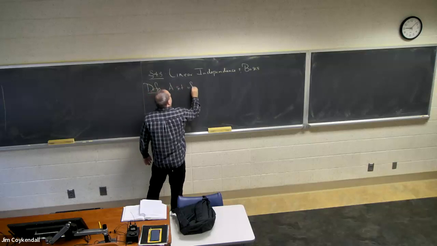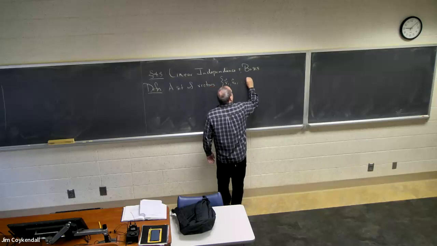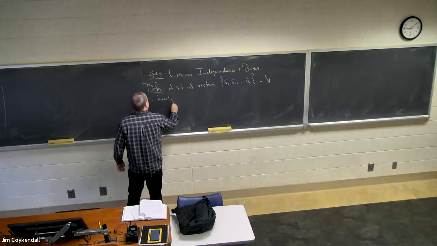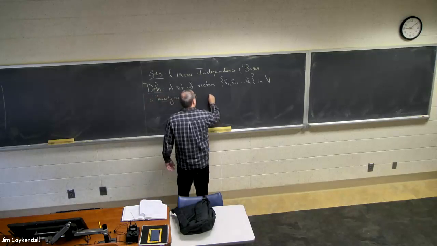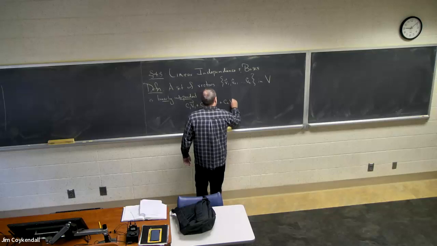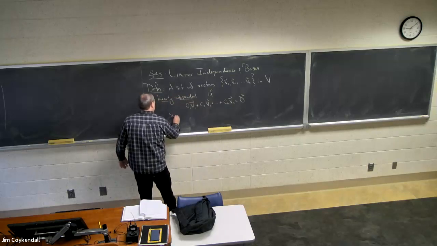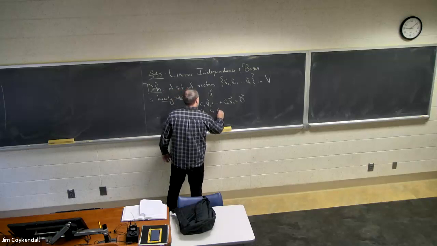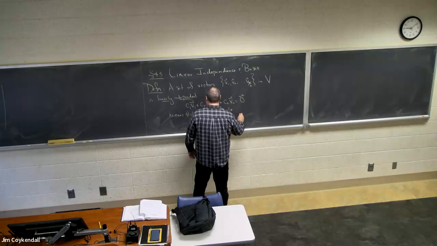A set of vectors v1, v2, ..., vk in some vector space V is linearly independent, and I think this is what you were saying, Paul, if whenever a linear combination of these vectors is 0, it means that all the constants c1, c2, ..., ck are 0.